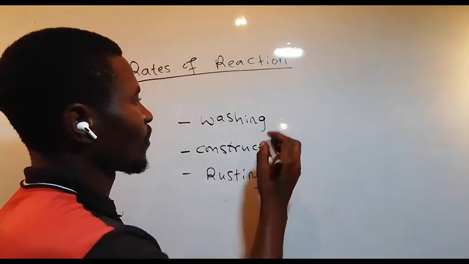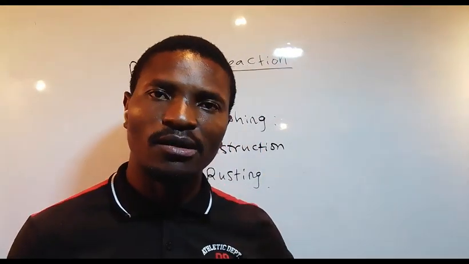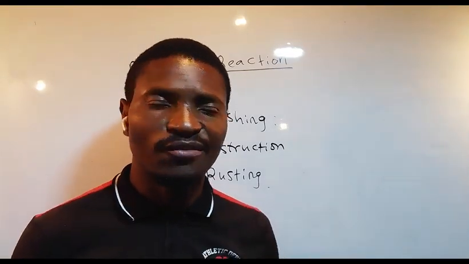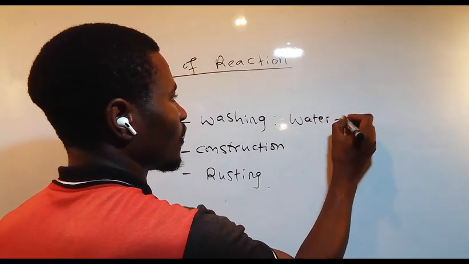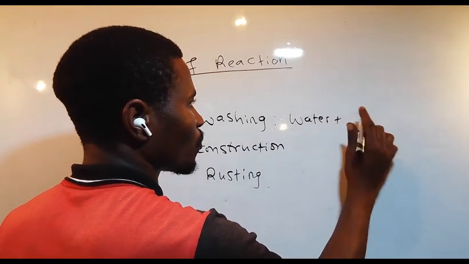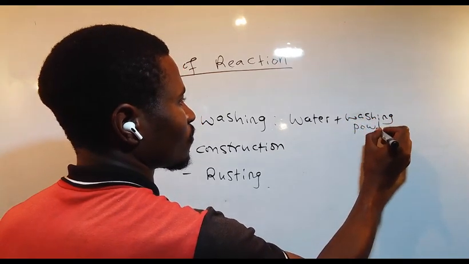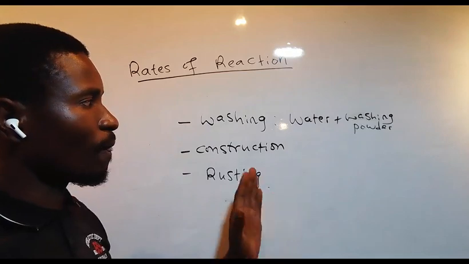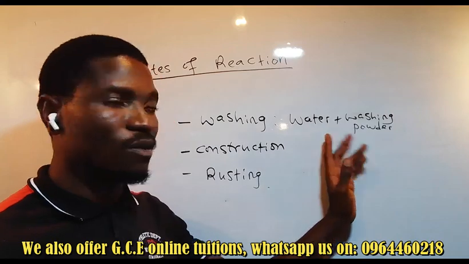So when you look at washing, for example, we add water, we get the soap or the chemical, whichever brand you want to buy, and mix. So when you mix the water plus the chemical, let's say washing powder, now you put the clothes in the dish with the water and the washing powder.